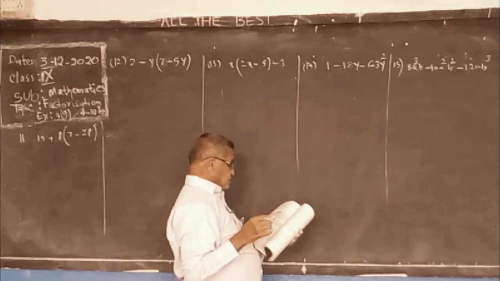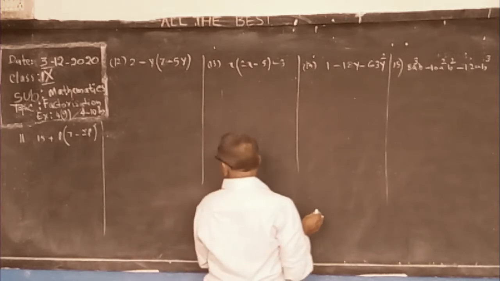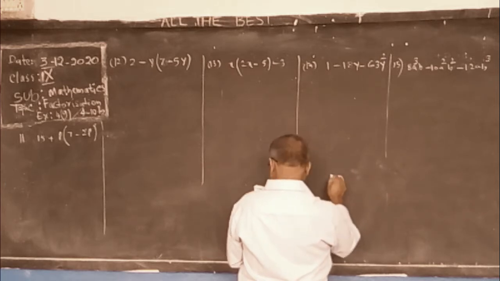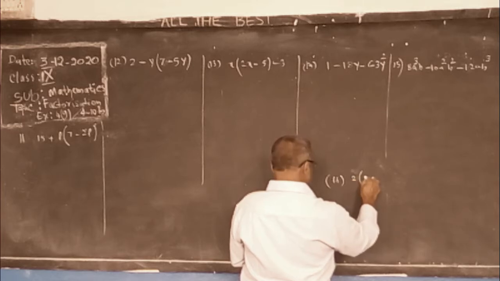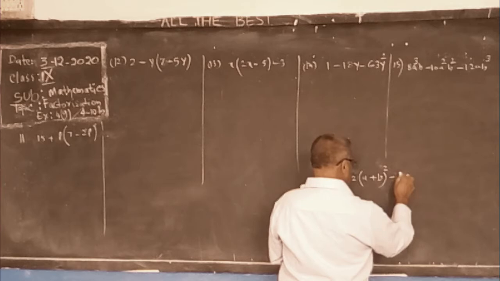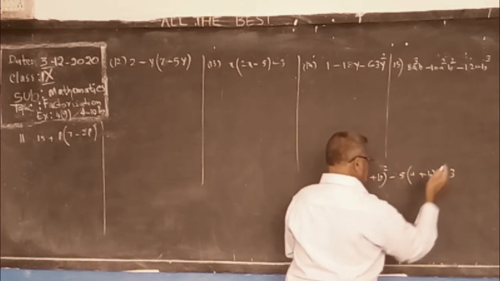And 16th: 2 of (a plus b) whole square minus 5 of (a plus b) minus 3.